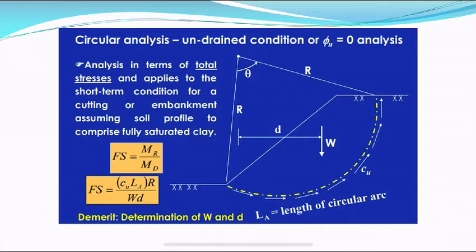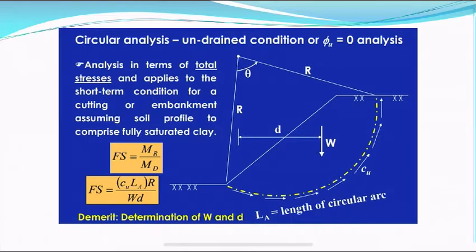Knowing the area, with 1 meter length perpendicular to the plane of this figure, and also the unit weight of the soil used for the embankment or the cutting, we can determine the weight with respect to the moment of rotation.